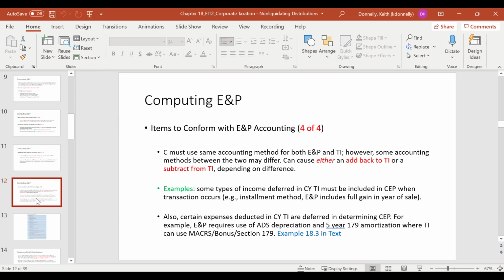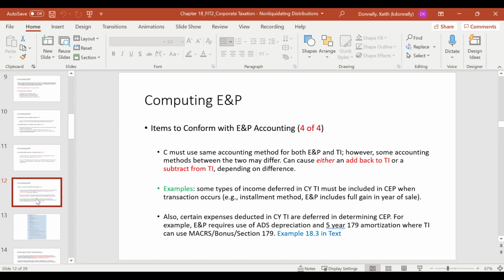Also, certain expenses deducted in the current year taxable income are deferred in determining CE&P. So for example, here's one thing that is different between E&P and the tax return. Basically on the tax return, you can use things like MACRS, bonus, 179 as cost recovery mechanisms to depreciate your assets.